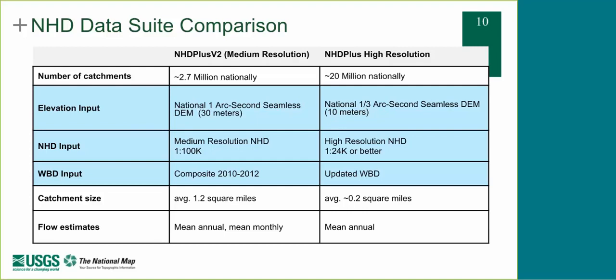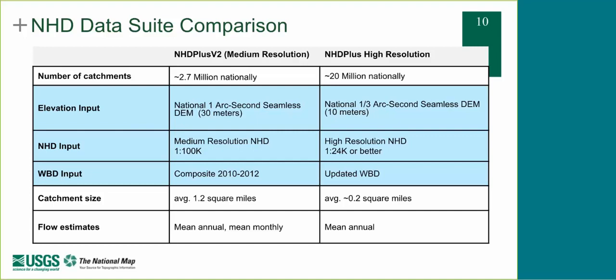We'll be going to about 20 million, or 20 to even possibly as many as 30 million in high resolution NHDPlus when that's finally complete. We'll be using a 10-meter resolution elevation model, or DEM, versus the 30-meter that was used for version 2. And of course, we use that hybrid scale, high resolution NHD, which is 1 to 24,000 scale or better, versus the 1 to 100,000 scale that was used for NHDPlus medium resolution.